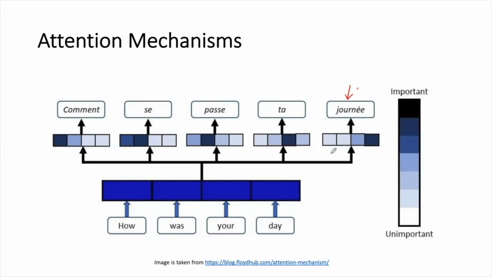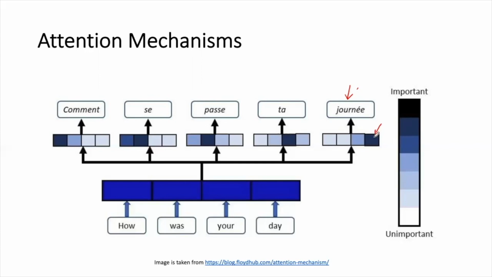The scores need to sum up to 1, so it's like a probability distribution. These scores indicate the importance of the input words. To generate the word journée, which corresponds to the word day in English, we need to pay more attention to the word day. So this weight is supposed to be higher.